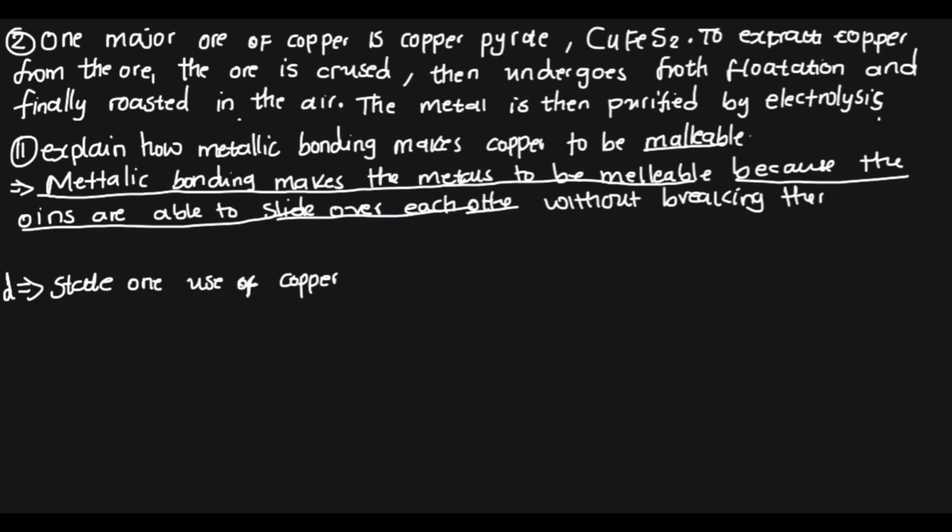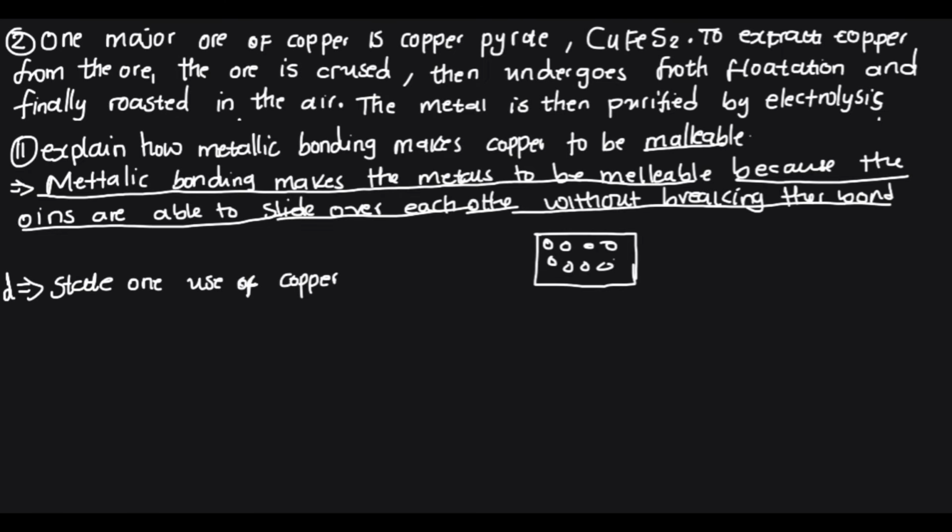So even if you hammer it, the positive ions are going to slide. Maybe if we have something like this, this is the shape of the metal before you hammer it.